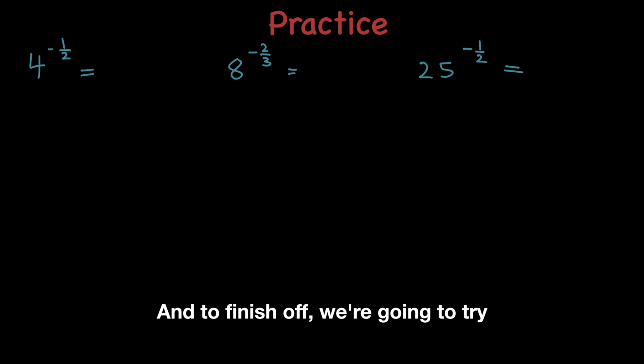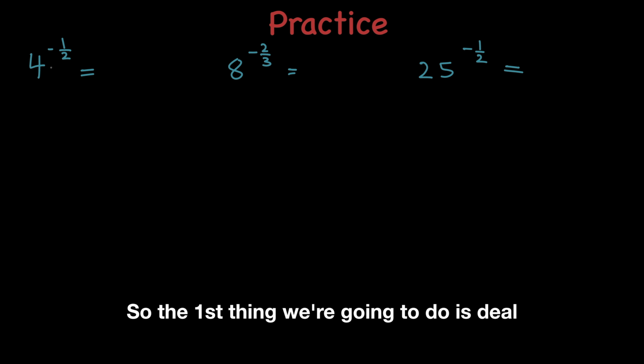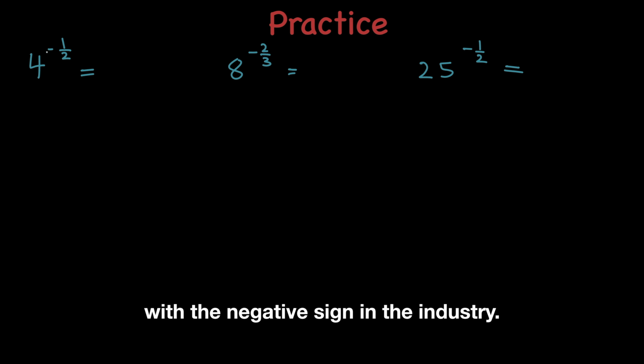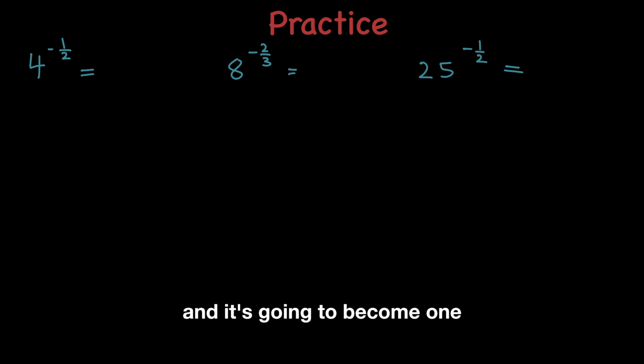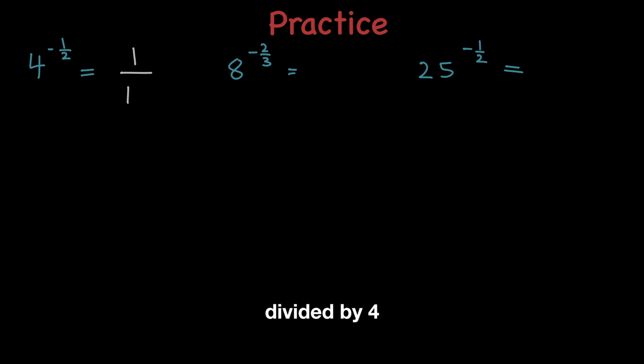And to finish off, we're going to try some combined practice using both negative indices and fractional indices together. So in this first example, we have 4 to the power of negative 1 on 2. The first thing we're going to do is deal with the negative sign in the index, and so we're going to make it into a fraction, and it's going to become 1 divided by 4 to the power of 1 over 2.